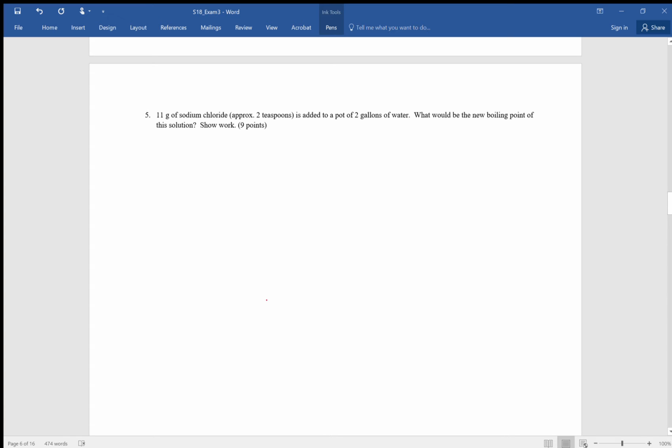So the equation that we need here is that the change in boiling point is equal to the molality times the molal boiling point constant for water, and that we can find in the front of the exam, times the Van Hoff factor. So we can easily fill in Kb.